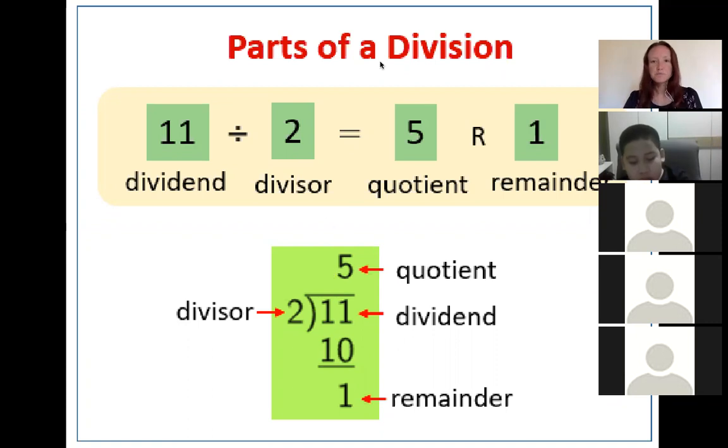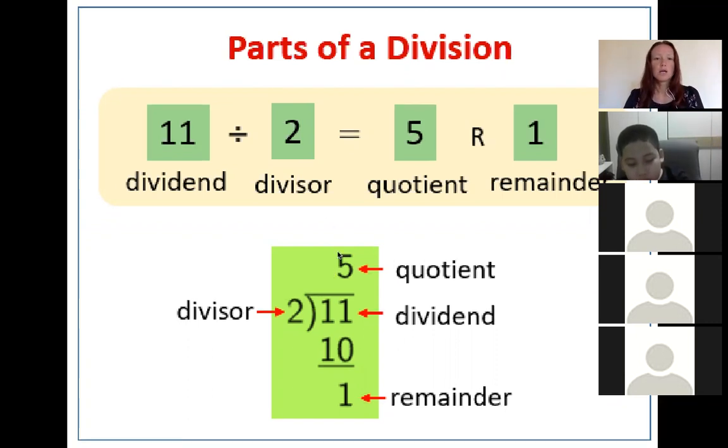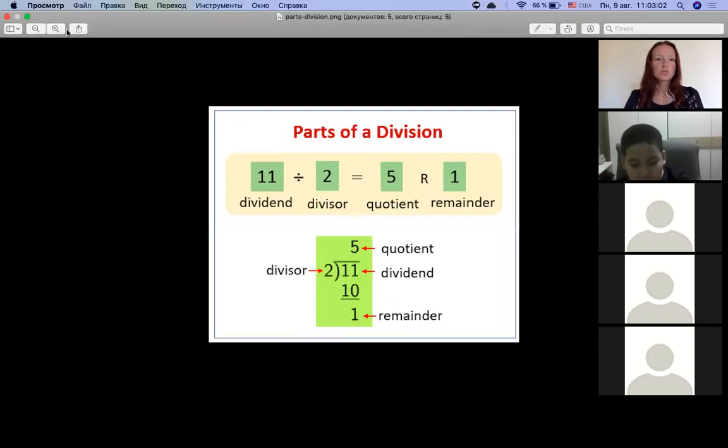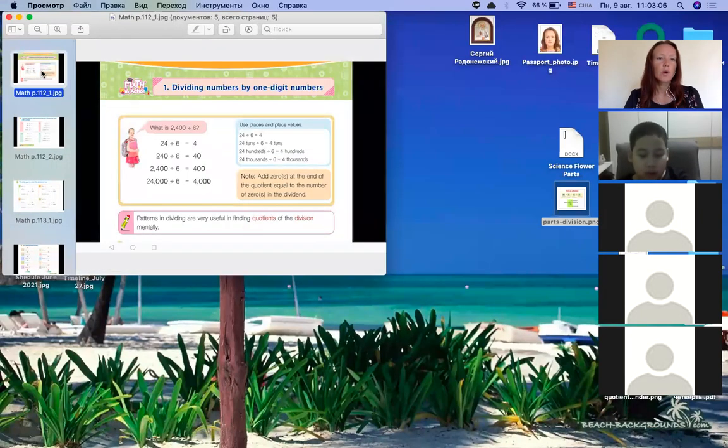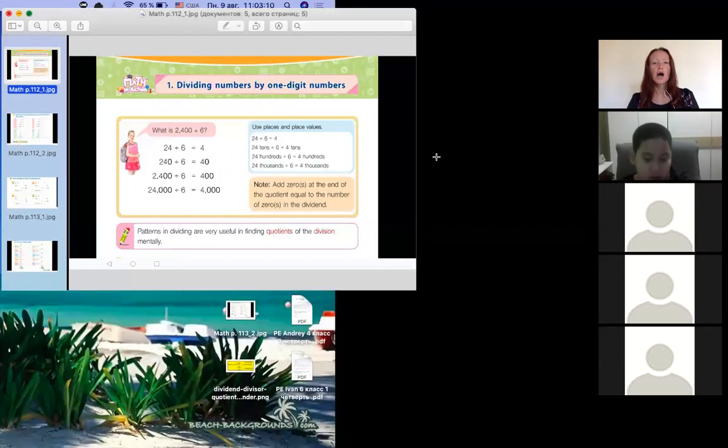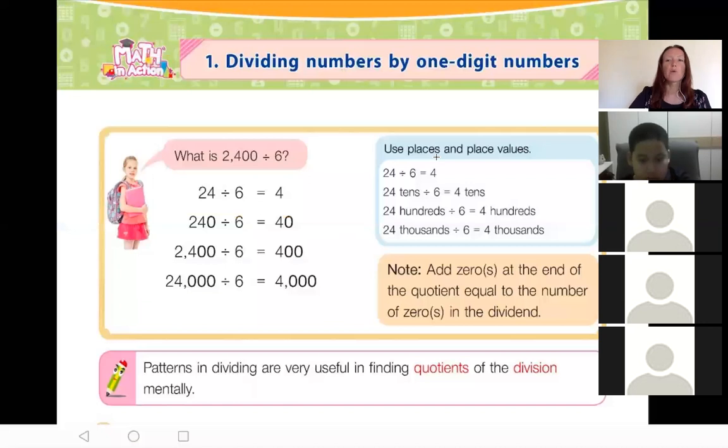Okay, good. Now let's move to our book. Today we are going to learn how to divide numbers by one-digit numbers. Actually, these are the numbers ending with zeros.